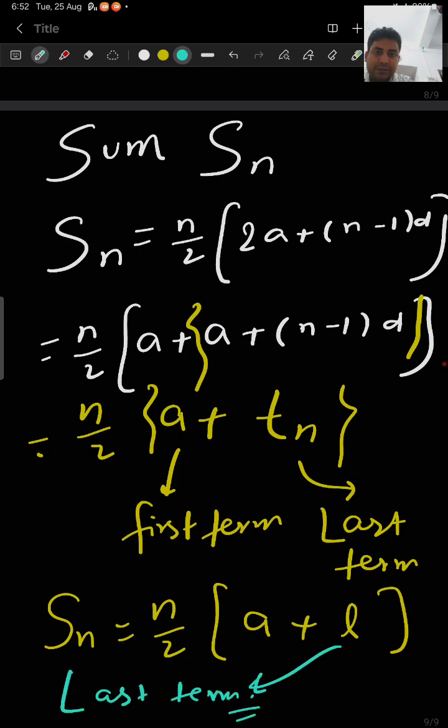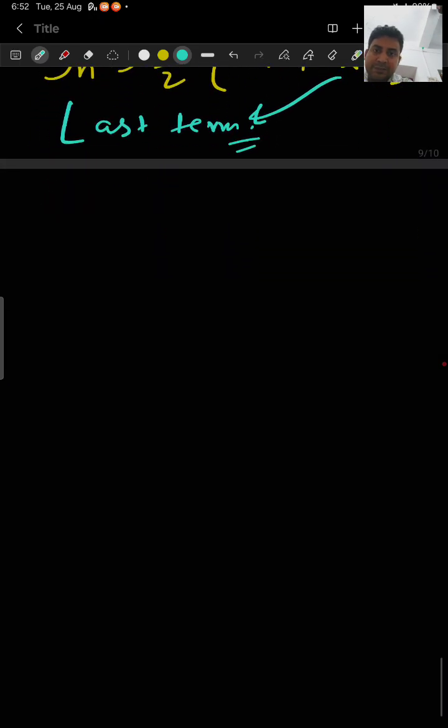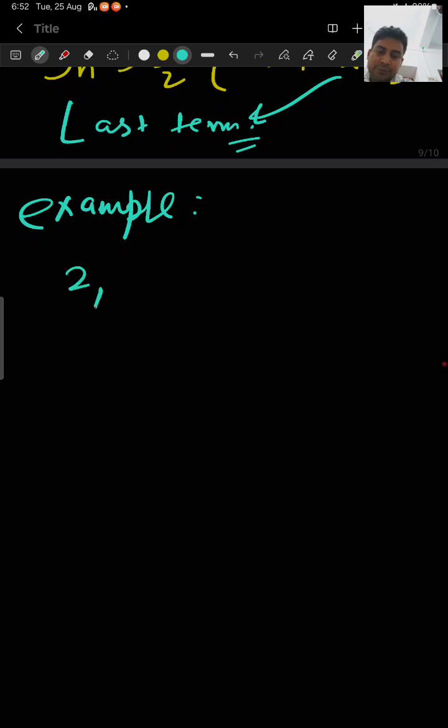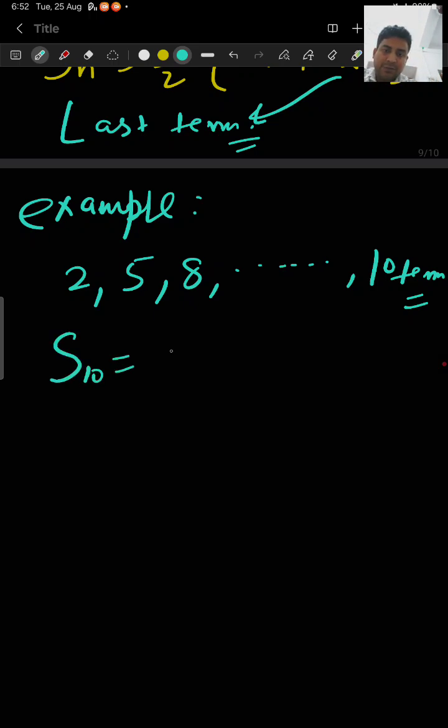Here is an example. 2, 5, 8 and so on. Find the sum of the first 10 terms. Manually we can add 2 plus 5 plus 8 and so on, but from the formula we can calculate very fast. n by 2 into 2a plus n minus 1 into d.